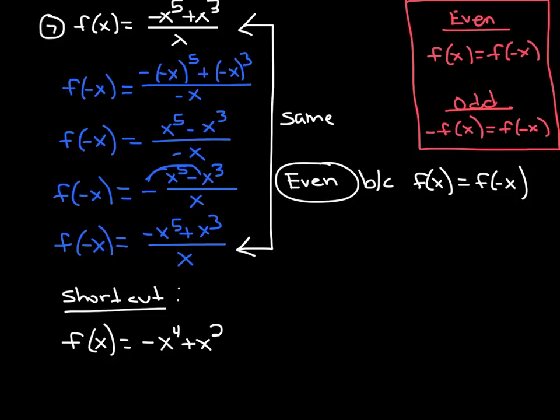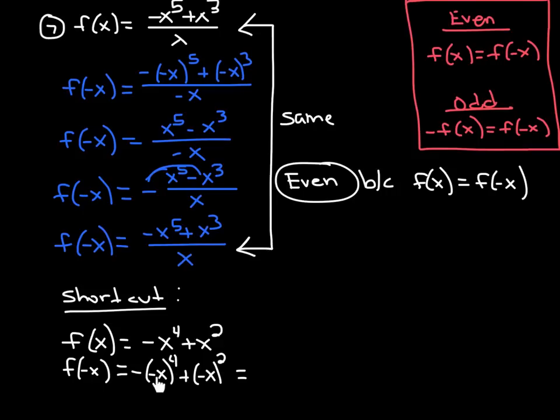So now if we wanted to find f of negative x, I'm going to bring down this negative sign. I'm going to replace my x with a negative x. I'm going to replace this x with a negative x, and let's see what we're left with. When you take a negative and raise it to an even power, it becomes positive.